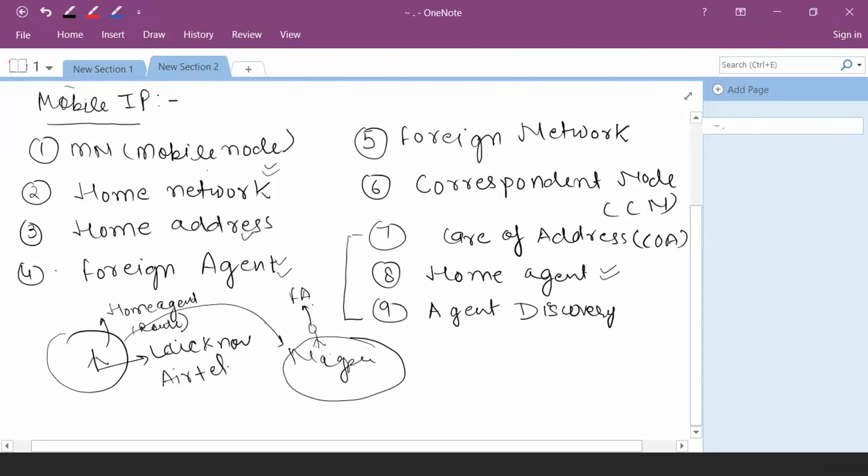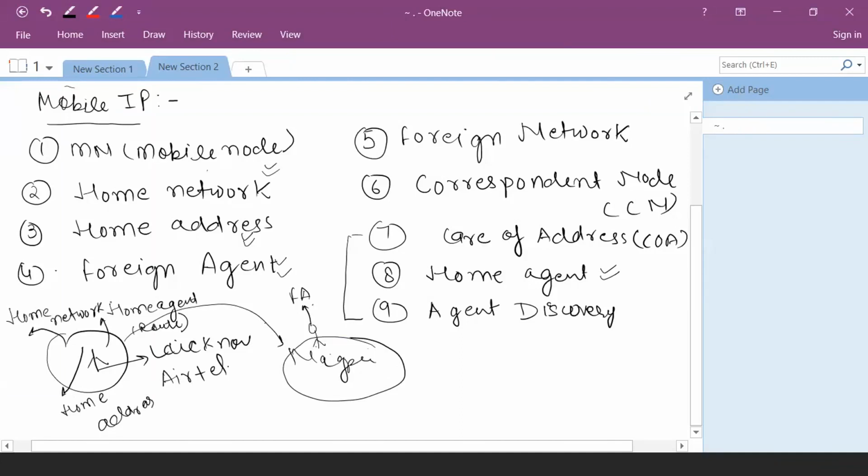That is my home address, the IP address. The area where I am getting my home address and where the home agent resides is called the home network. So my home network is Lucknow.